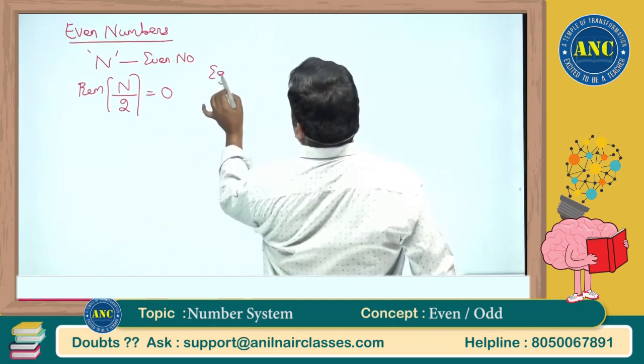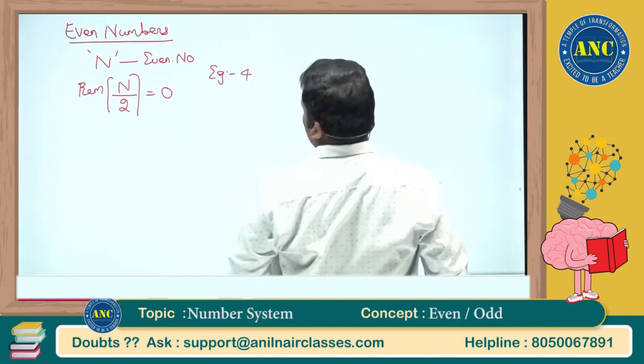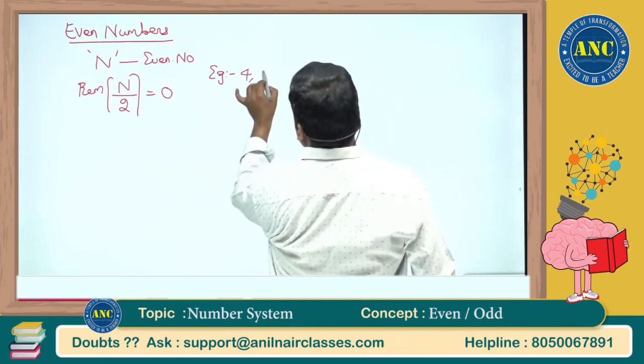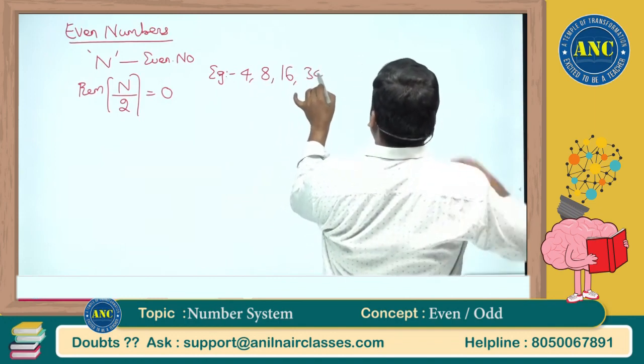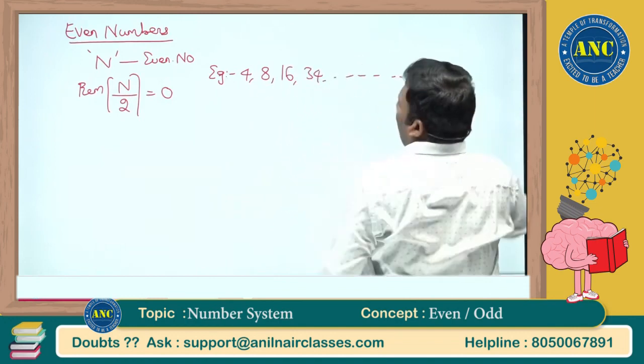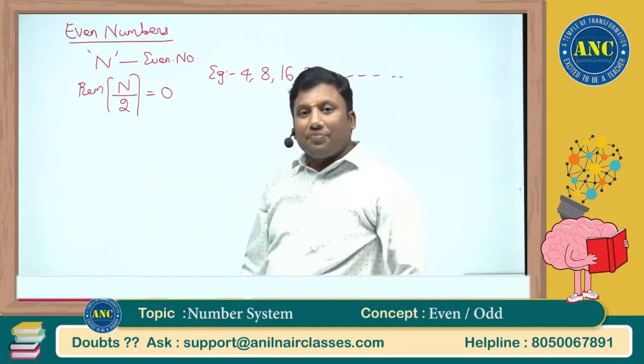For example, 4 divided by 2, 2 2s are 4, remainder 0. 8 divided by 2, 16 divided by 2, 34 divided by 2, and so on. Are you all with me?